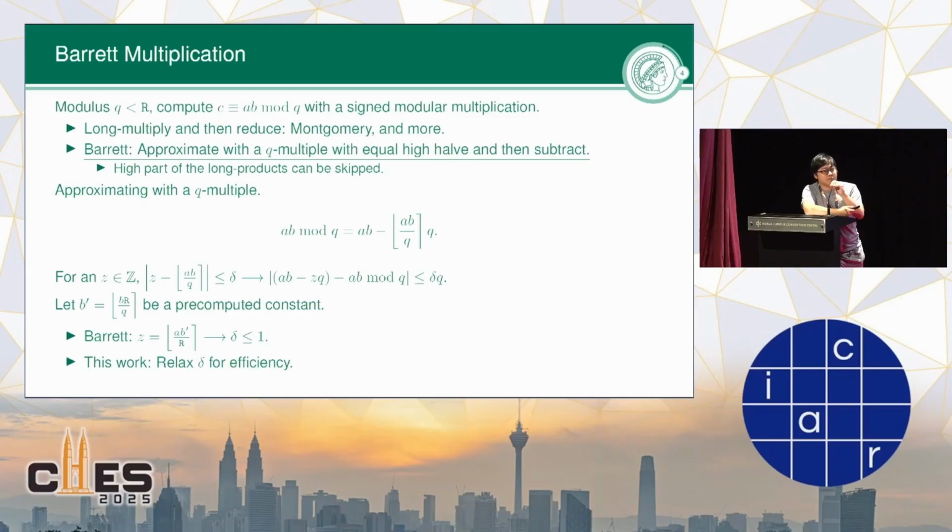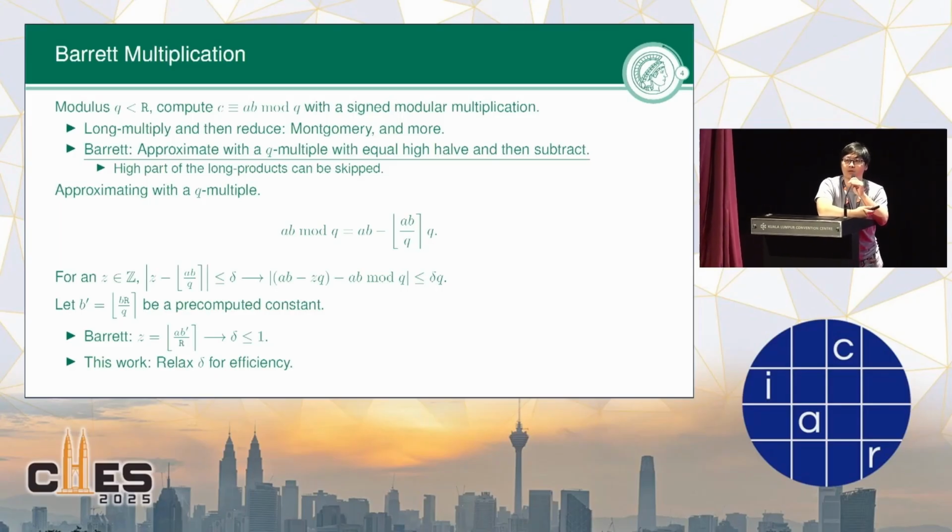For modular multiplications, there are generally several lines of approach. A very common approach is to compute the long product and then apply a special kind of modular reduction, whether it be a Montgomery reduction or a specialized reduction tuned for the target modulus.